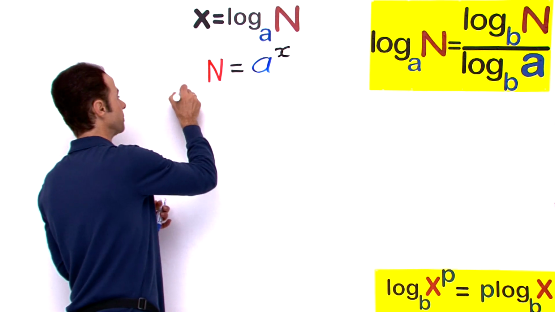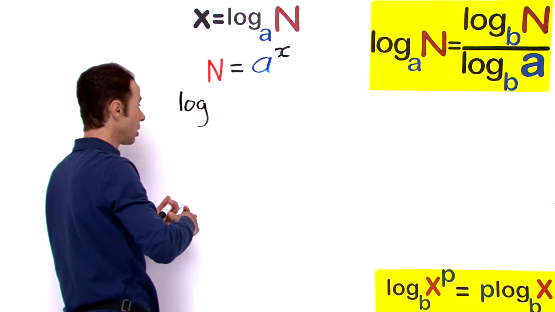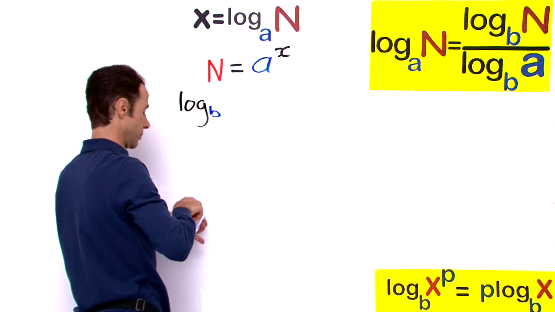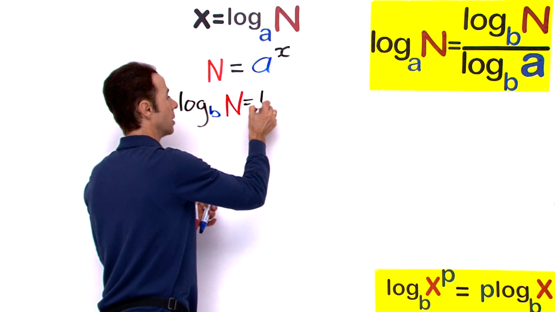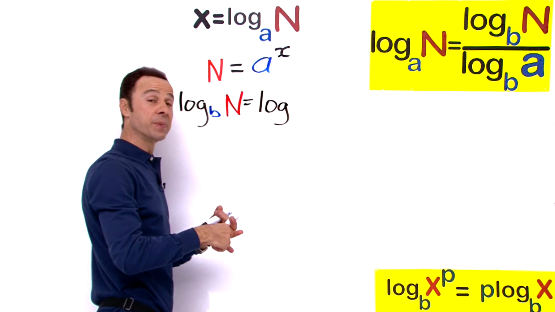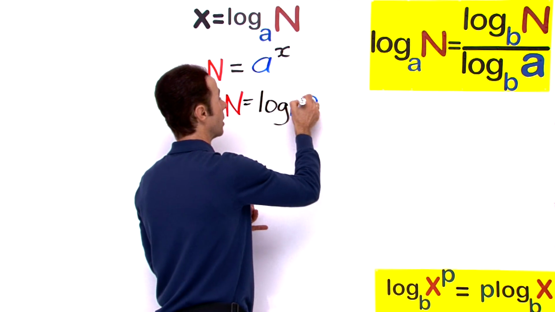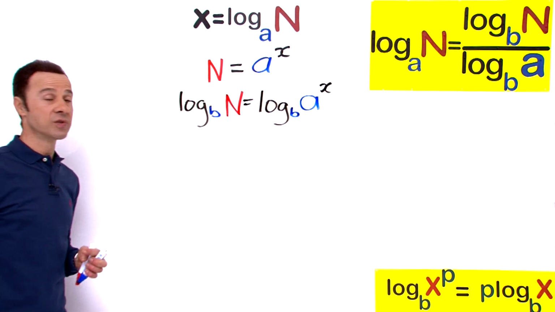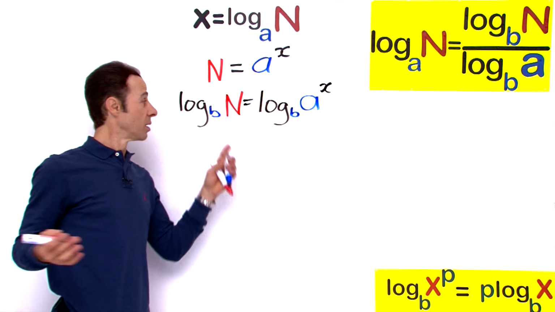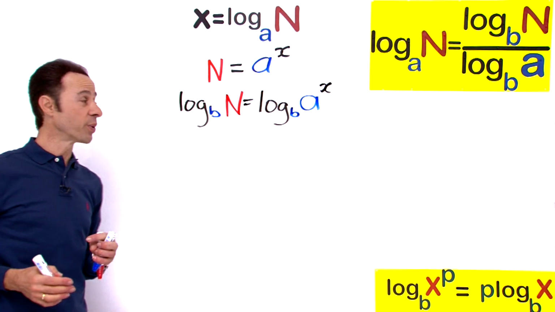So let's take log base b on one side, and log base b on the other side. There we go. We've just introduced a new base, base b, and that's where we're going.